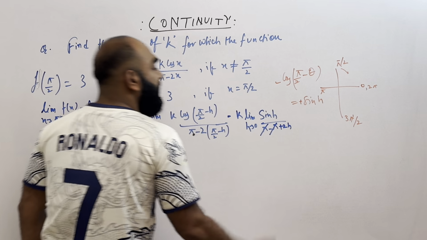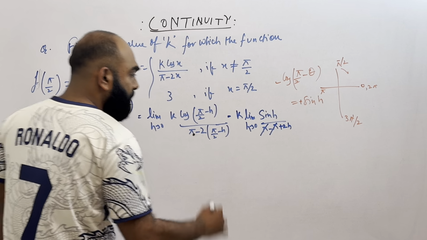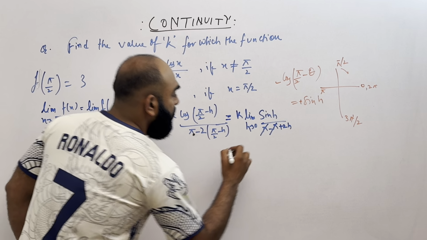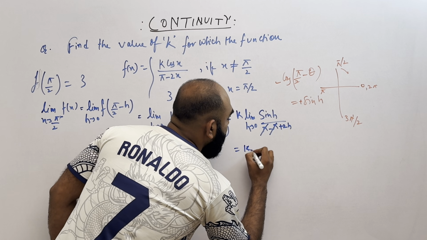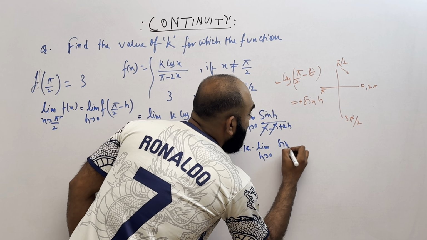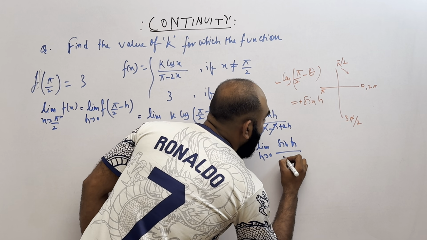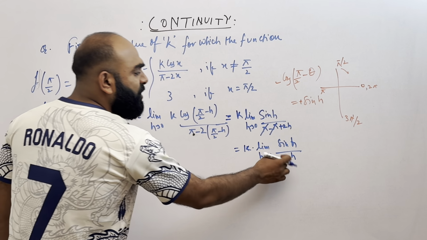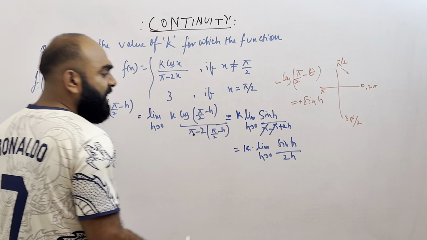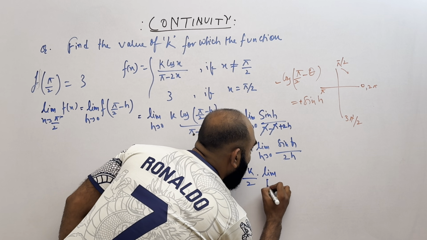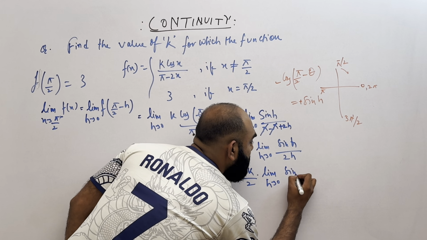Minus pi plus pi cancel. So we have, and this is equal to, I'm writing here only, k into limit h tends to 0 sin h divided by 2h. Can I take this 2 outside from here? Yes, this 2 is multiplied, I can take it outside. So we can write k by 2 into limit h tends to 0 sin h by h.